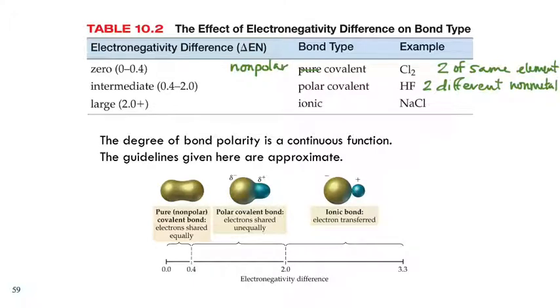And this would be metal and nonmetal. So by looking at the two elements in a bond, you should be able to tell me, is it a nonpolar covalent bond, a polar covalent bond, or an ionic bond?